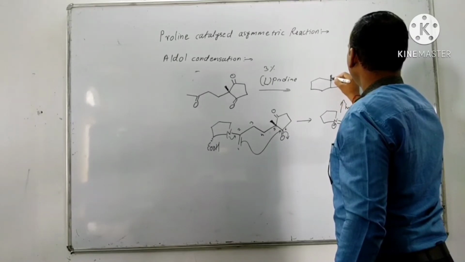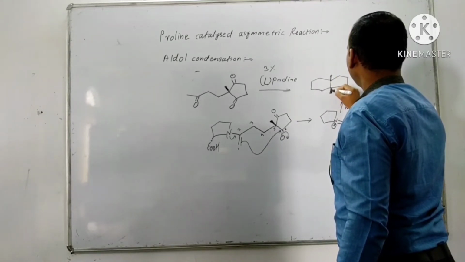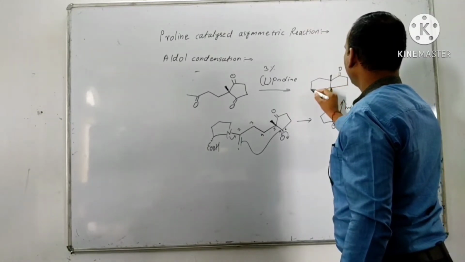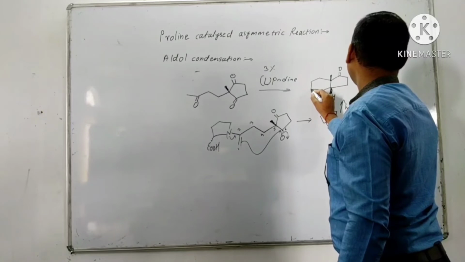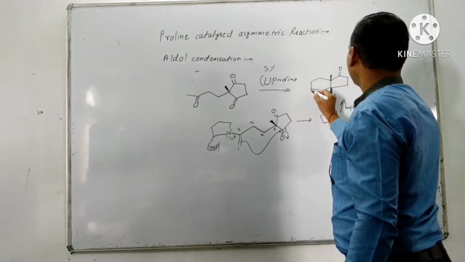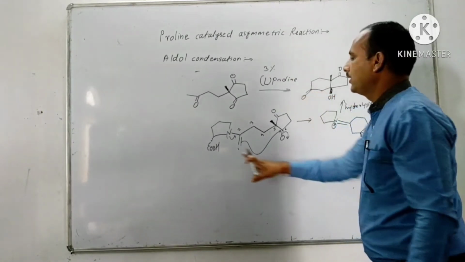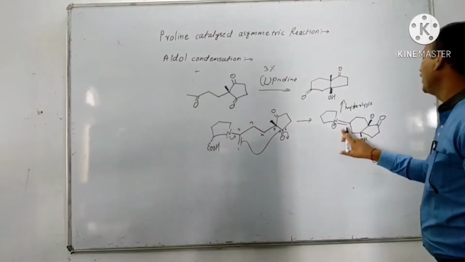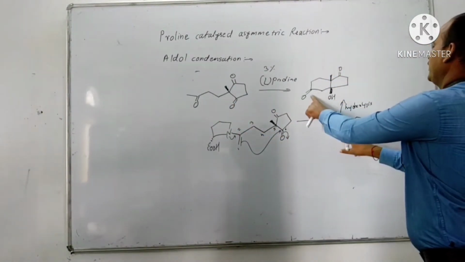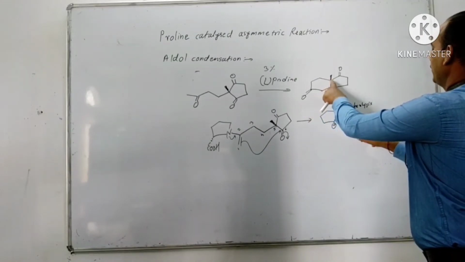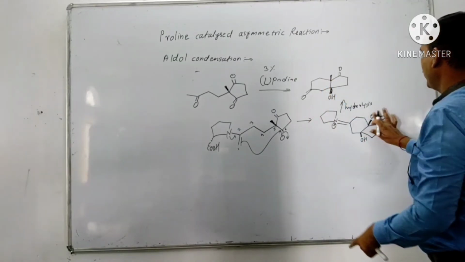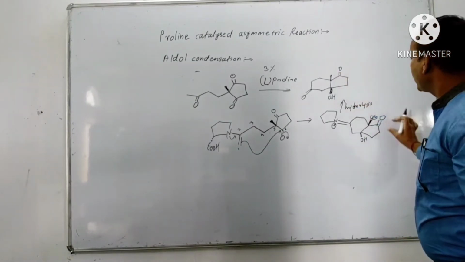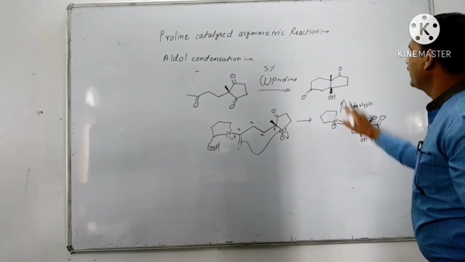There is a methyl group, there is OH, there is a carbonyl, and there is the carbonyl of this starting material, which on hydrolysis is formed with a double bond. Sorry, this is the methyl group CH3. This is the carbonyl, then CH2 at this position.